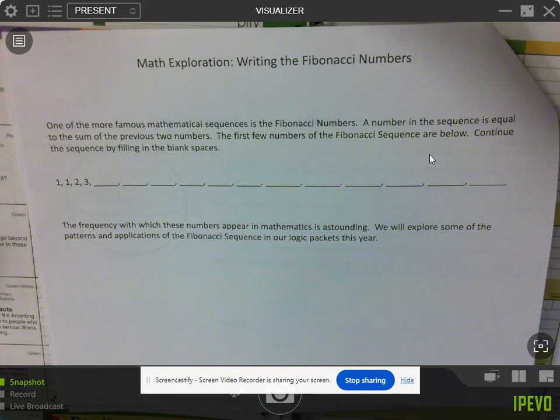So we need to fill in the Fibonacci sequence as we're going. So 1 plus 1 gave us 2. 1 plus 2 gives us 3. 2 plus 3 gives us 5. 3 plus 5 is 8. 5 plus 8, 13. And you're going to continue that on.